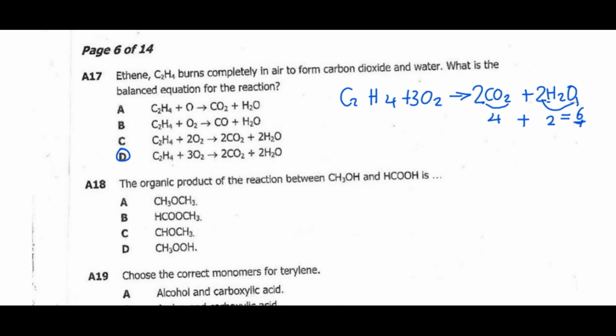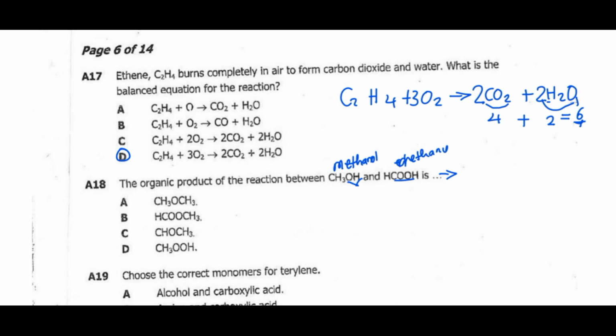18. The organic product of the reaction between this and this is. So let's look at the first one. So this is methanol. Methanol is an alcohol due to the presence of hydroxide. Then this one is methanoic acid. It is an acid because of the COOH. So whenever an alcohol reacts with an acid, we are going to get an ester by the process of esterification.